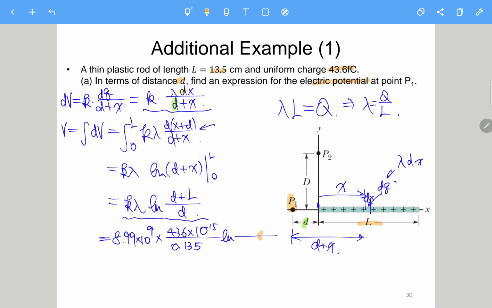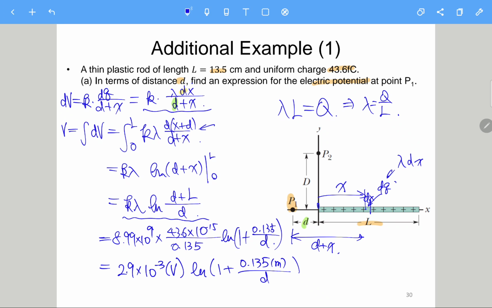so we can have 1 plus 0.135 over d. Slightly simplifying it, we have 2.9 times 10 to the minus 3 volt, and then log 1 plus 0.135 meter over d.